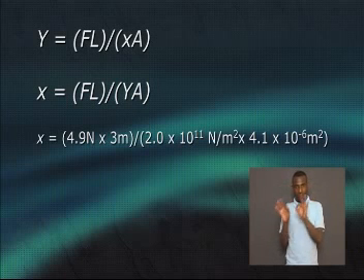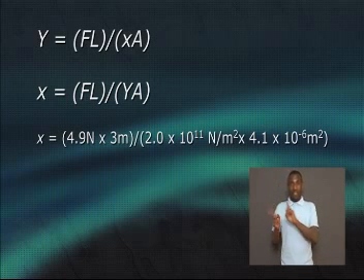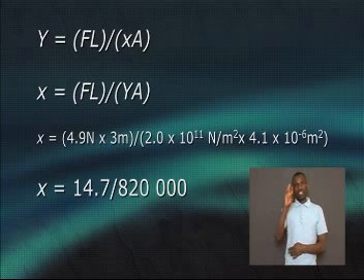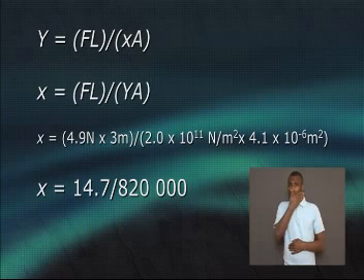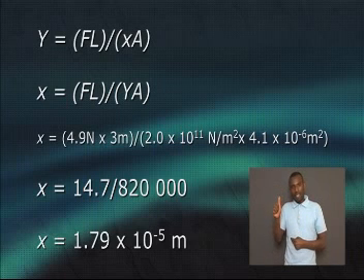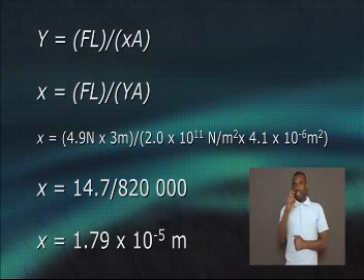The products of our multiplication yield an answer of 14.7 over 820,000. This is better expressed as 1.79 times 10^-5 meter, which is the value of x.